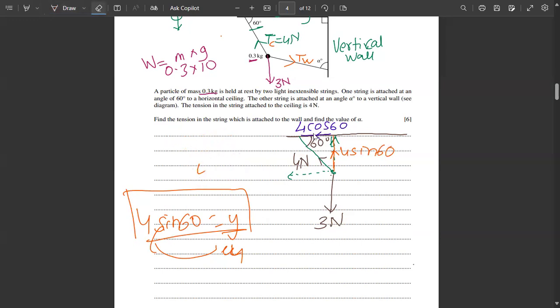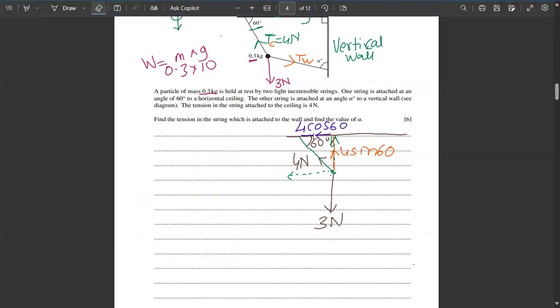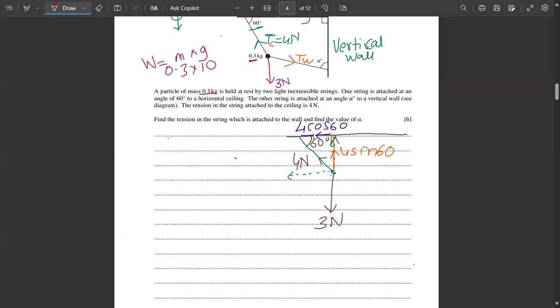So now we have two directions cleared. We have resolved the 4 Newton tension wire. And what do I mean by that? What I mean by that is, earlier we had this 60 degree, 4 Newton and 60 degree.